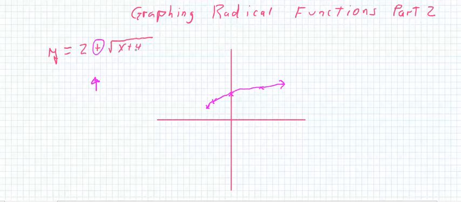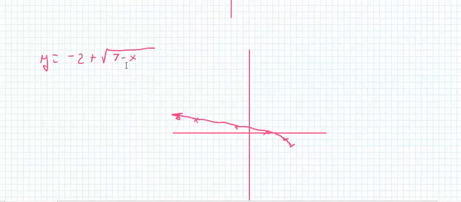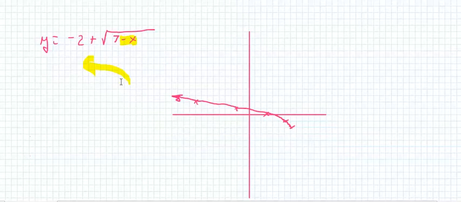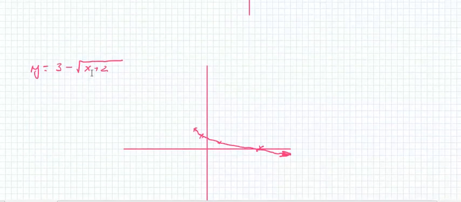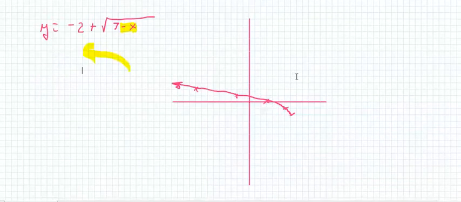And lastly, if the x is positive, the graph goes to the right. If the x is negative, the graph goes to the left. Here it's positive, it went to the right. All right? It's always going to be that way.